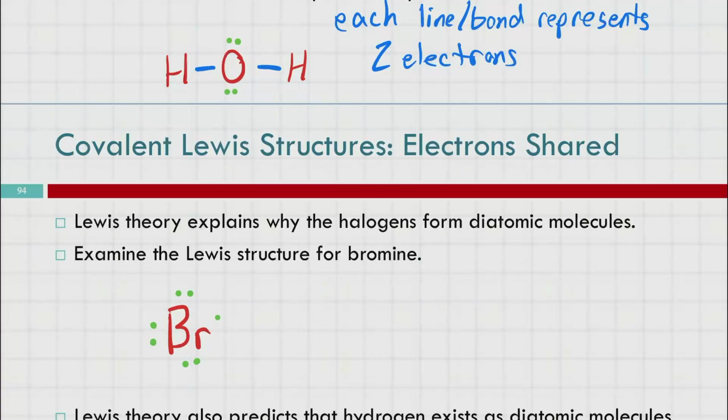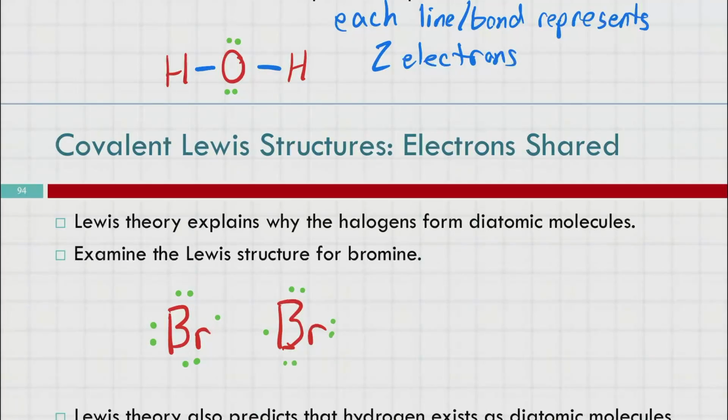Is bromine content to be by itself? No, it is not. It wants to buddy up. And what better way to do that than to buddy up with another bromine that also has 7 valence electrons?